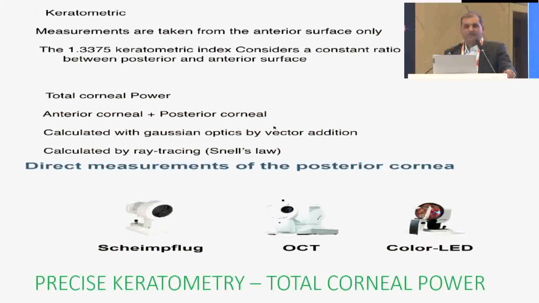In the same way, keratometry is also very well measured by the front surface of the cornea and the back surface of the cornea, and you can calculate by vector addition using Simplex images or OCT or color-based LEDs.